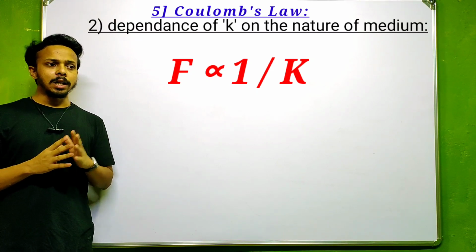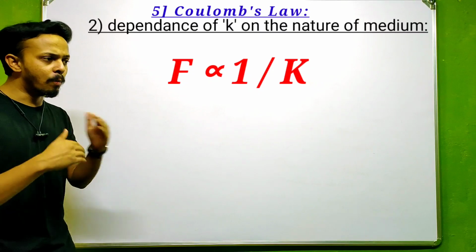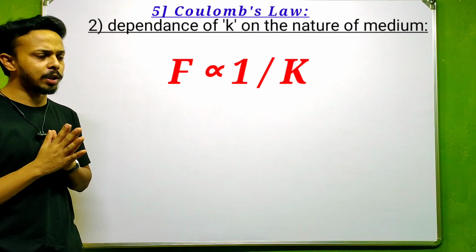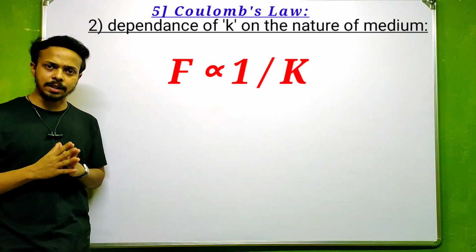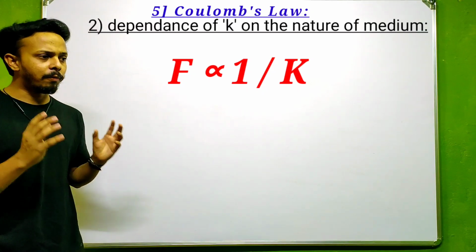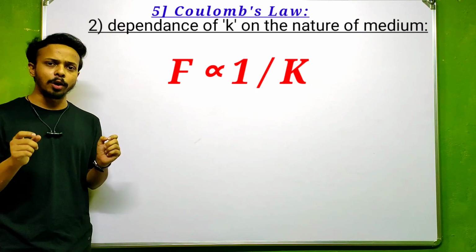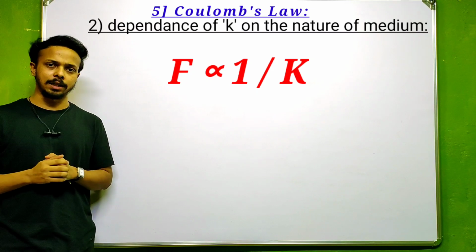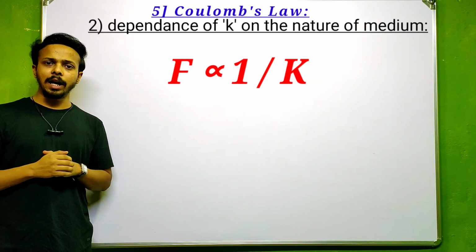Okay, it means if any medium has a higher dielectric constant value, then the force between the two stationary point charges becomes less. As the K value increases for the medium, the force between the two stationary point charges separated by a certain distance decreases. Is that clear, guys?